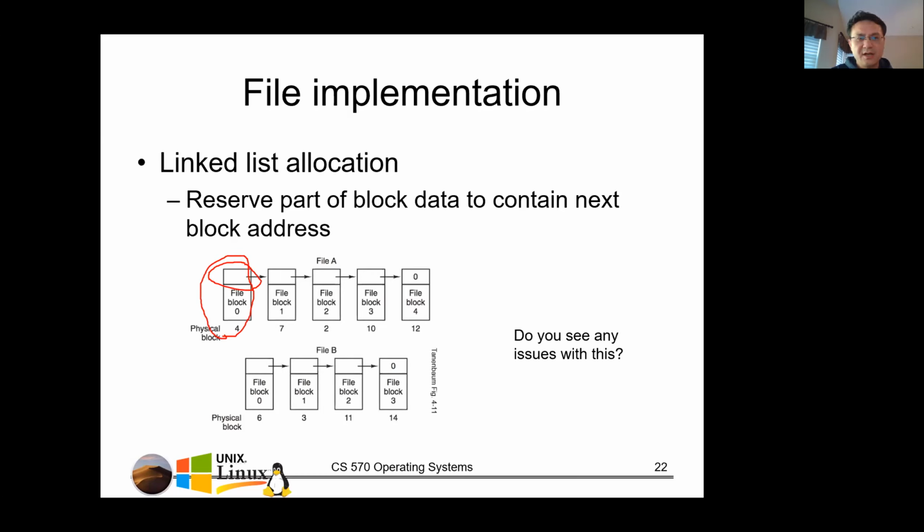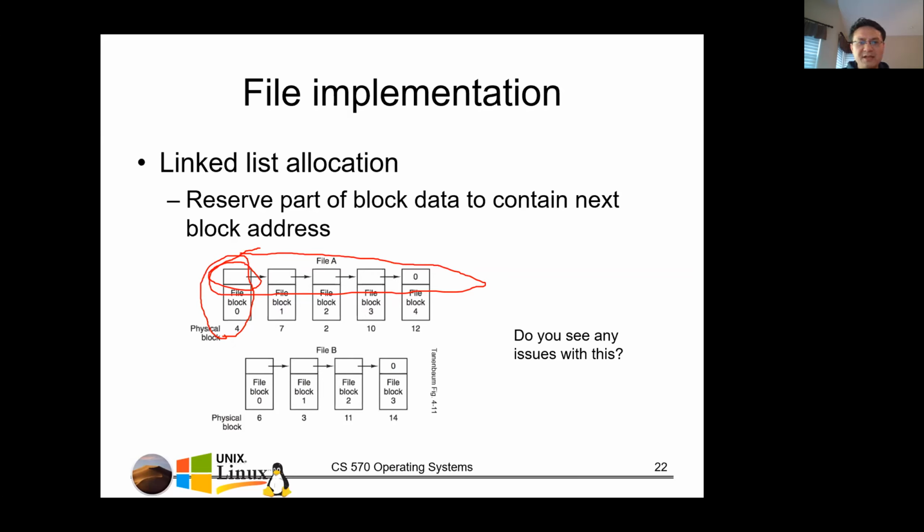So essentially you have a sort of header that has a pointer to the next block. So you end up with a series of pointers that would track all the blocks that are allocated to the file, right?